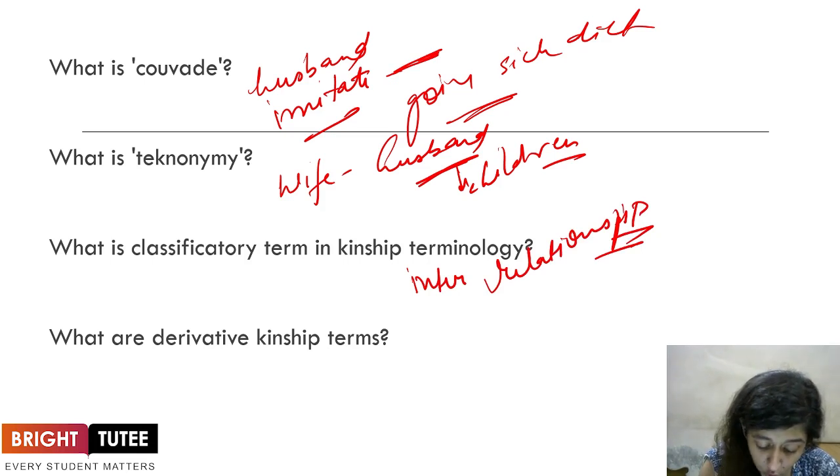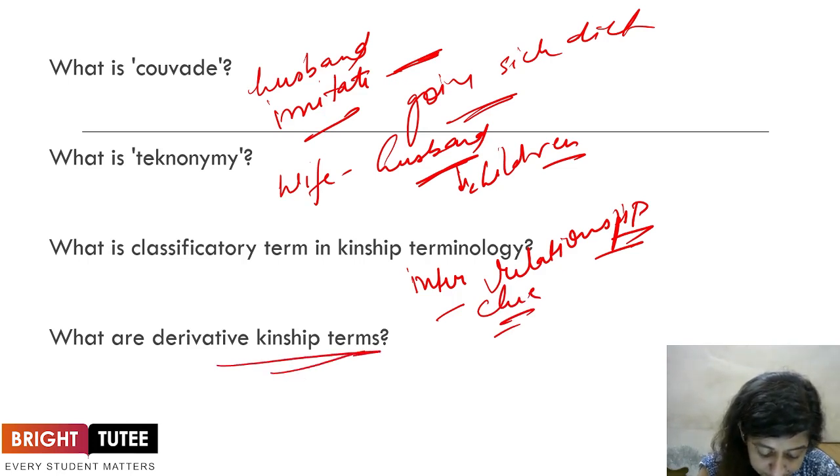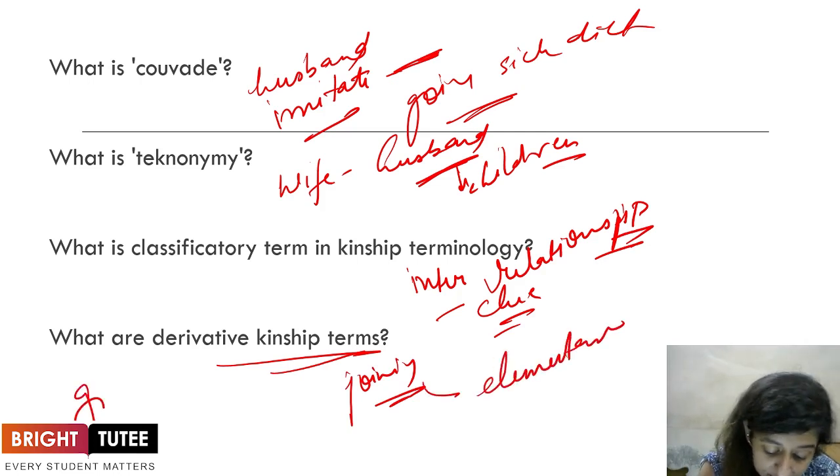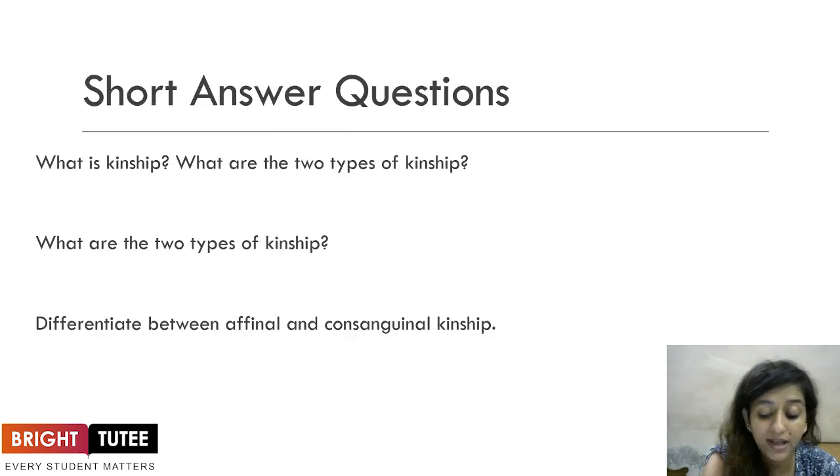It gives a clue on what the relationship actually is. Now, derivative terms involve the coining of terms by joining suffixes or prefixes to the elementary relationships. For example, grandfather, sister-in-law, brother-in-law, etc.